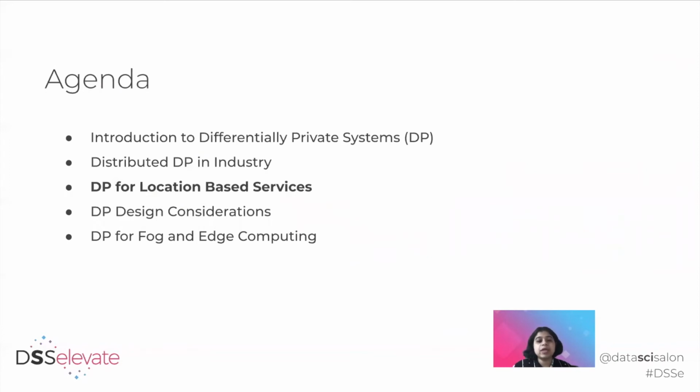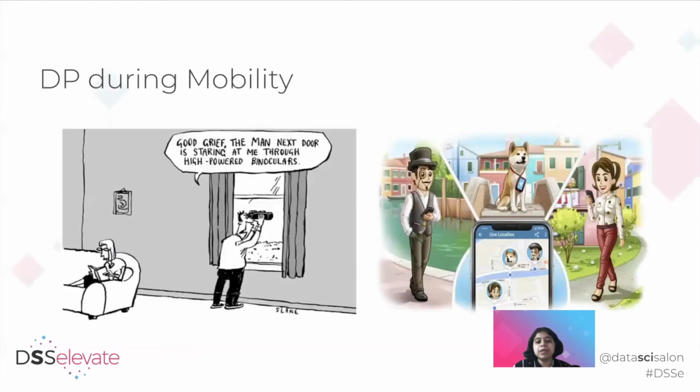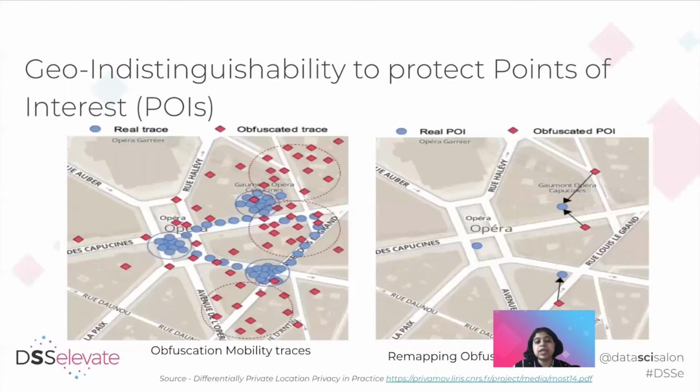Now let's look from a mobile user perspective at why differential privacy for local location-based services is important, and how we can build such distributed scalable systems. So it's very important that any user's location information is not leaked to the outside.